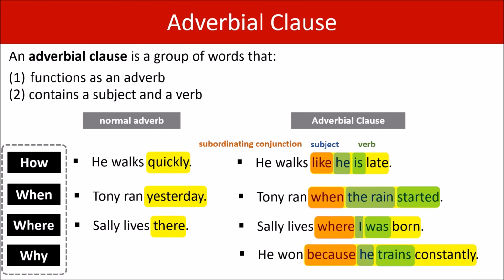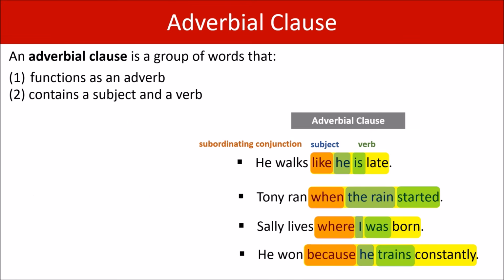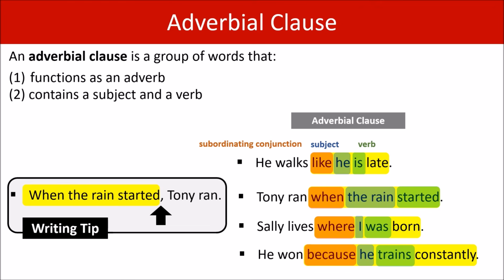Let's just get rid of that bit. I want to show you this writing tip again. Remember, when an adverbial clause or an adverbial phrase or even just an adverb starts a sentence, it is good writing practice to offset it with a comma to show where the main clause starts. And that is everything I want to cover about adverbial clauses.